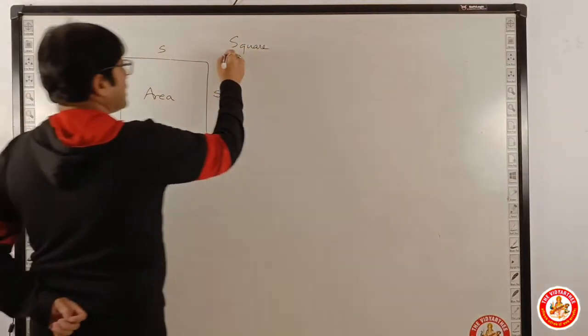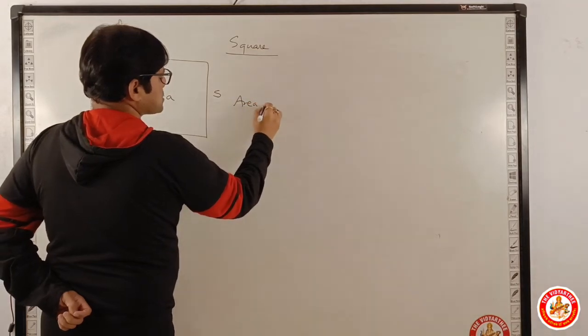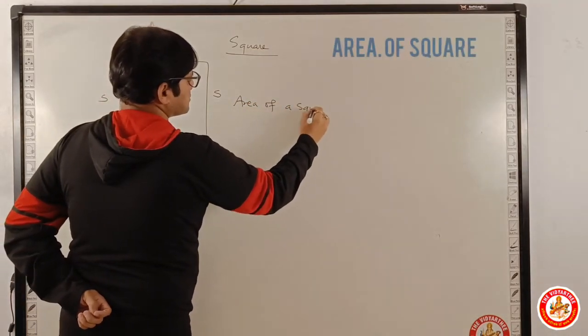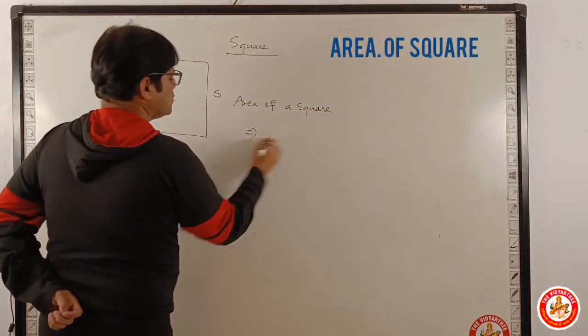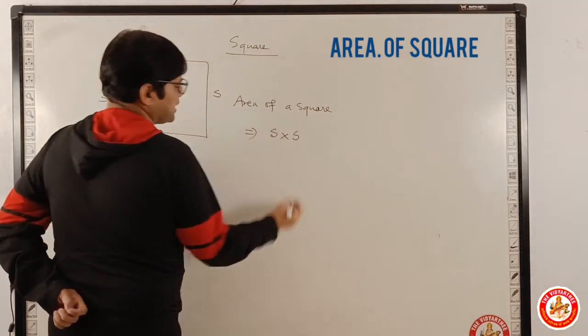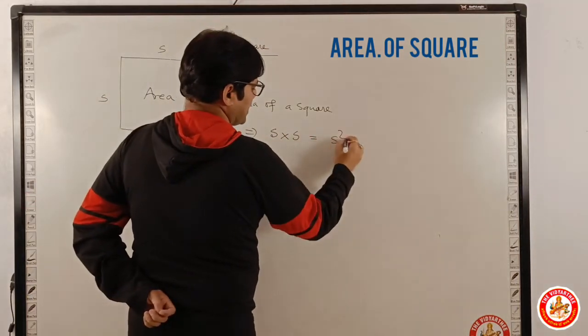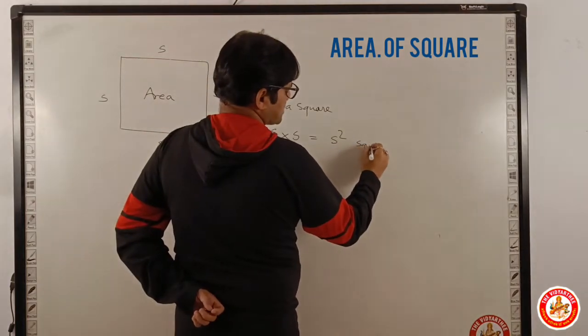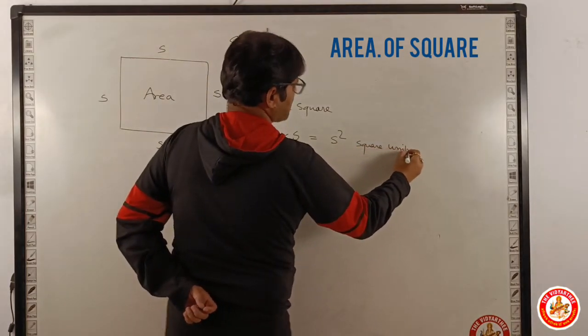So the area of a square is always equal to side into side, which is side square units. So we'll just take an example.